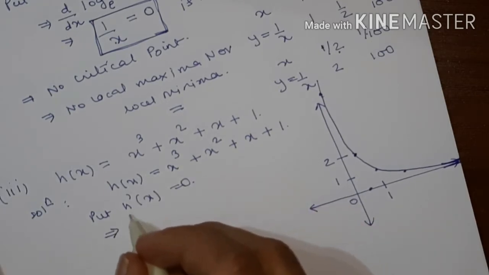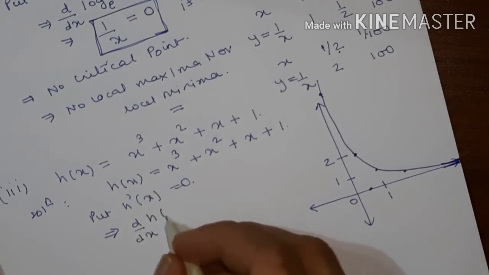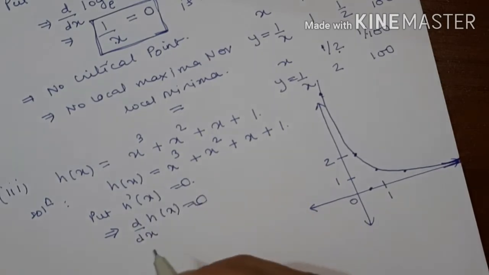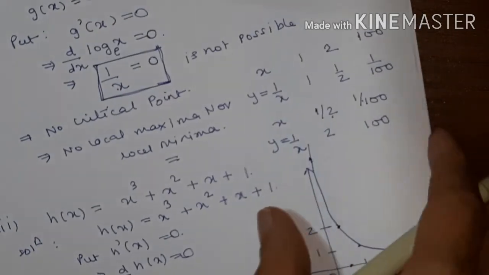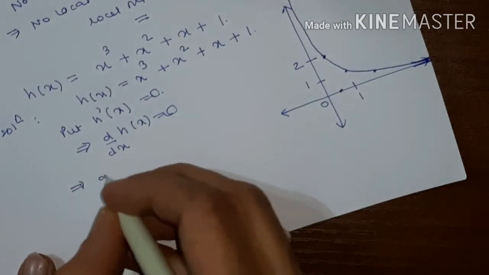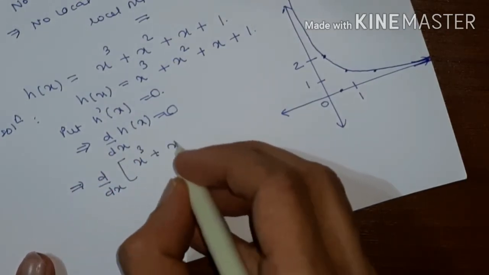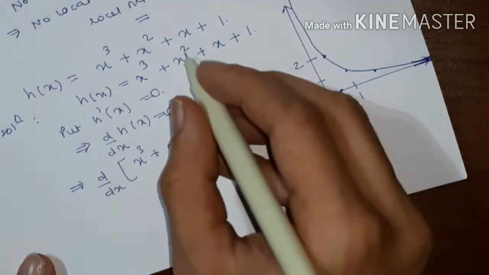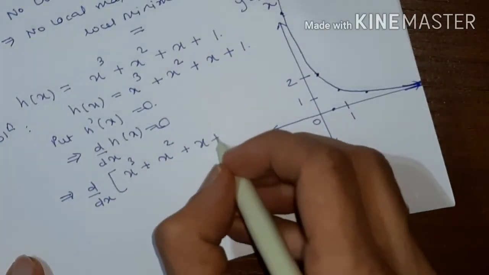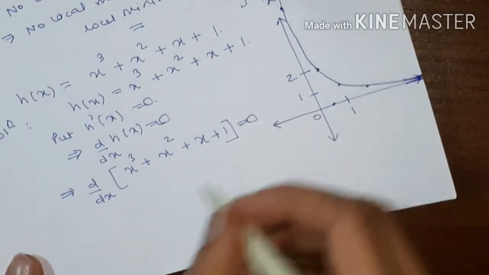So h prime x means the derivative of h(x) equal to 0, that means the derivative of x cube plus x square plus x plus 1 equal to 0.